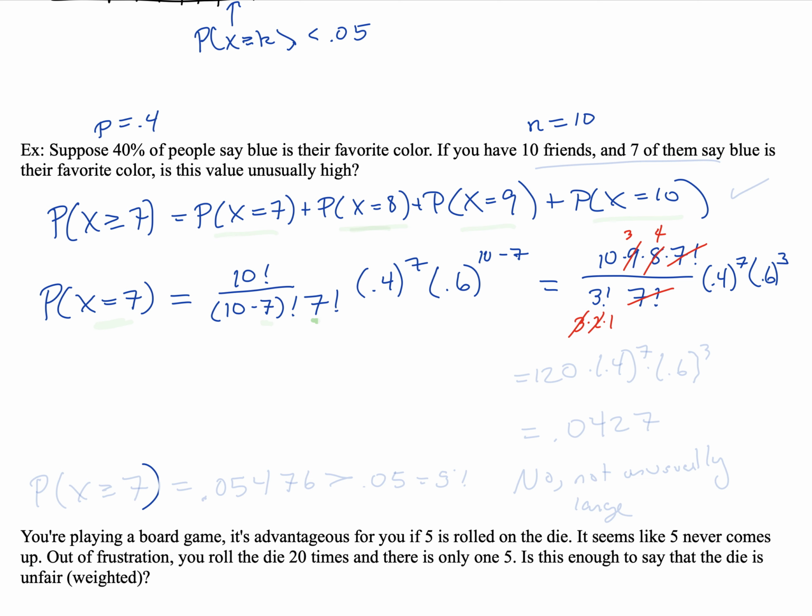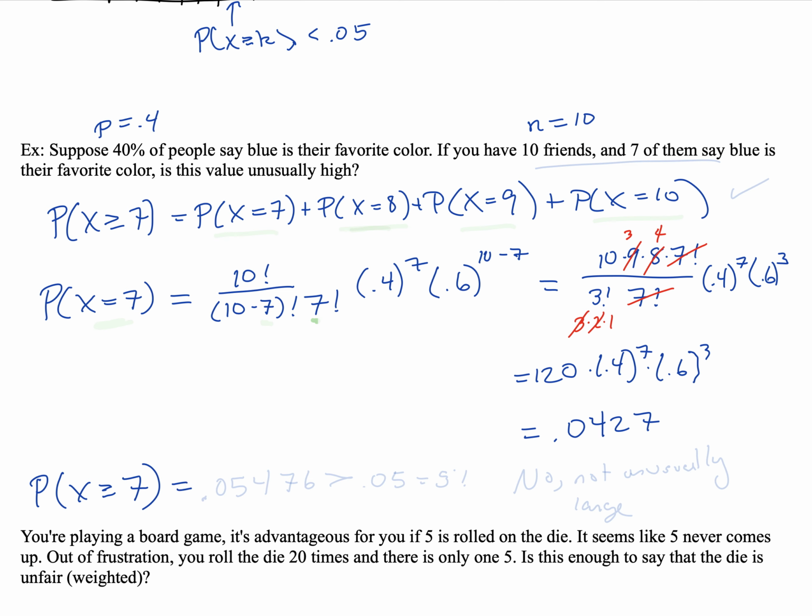And so we've got 10 times 3 times 4, so that's 120 times 0.4 to the 7th times 0.6 to the 3rd. If we calculate that out, that's equal to 0.0427.